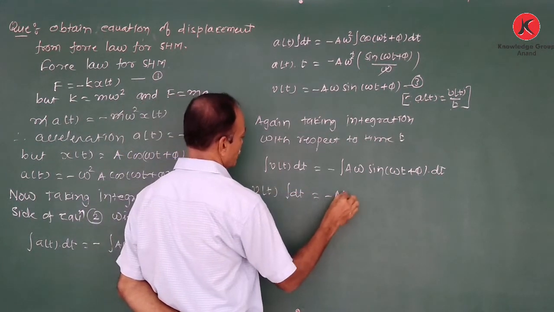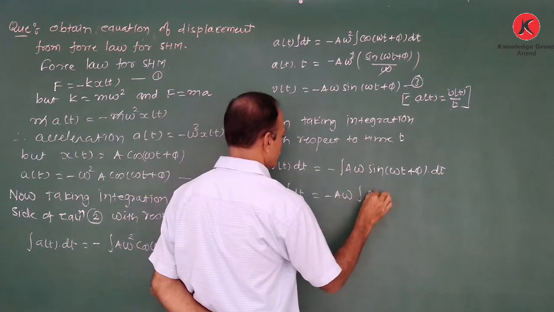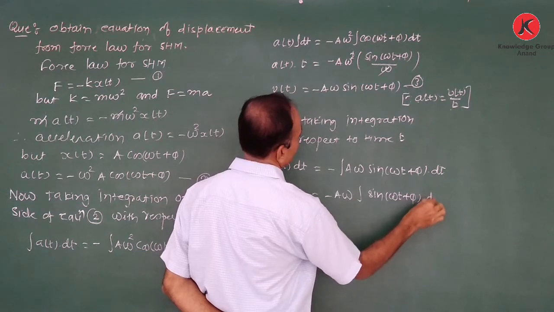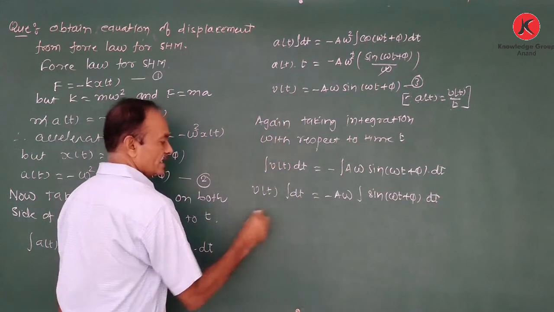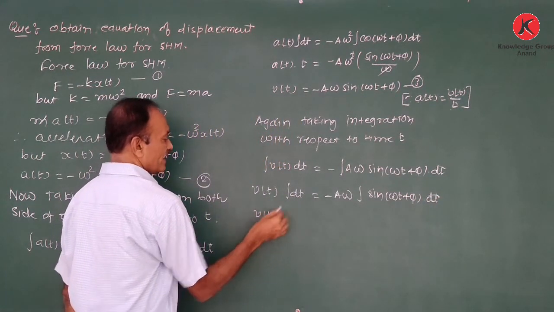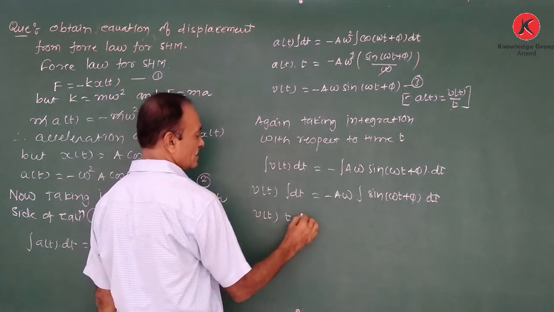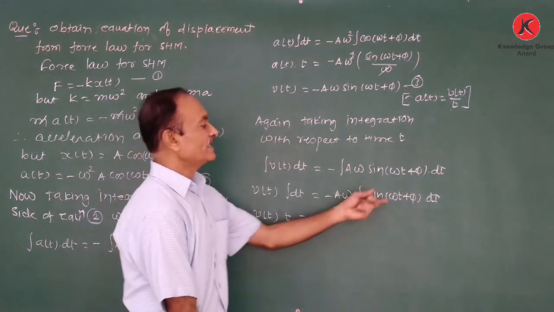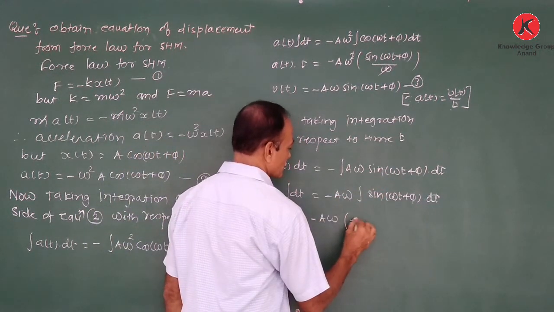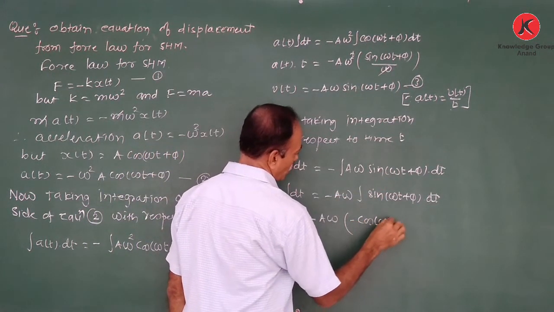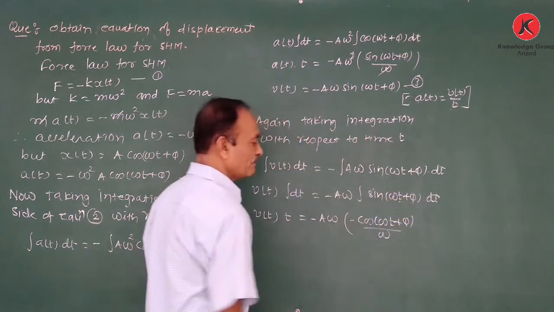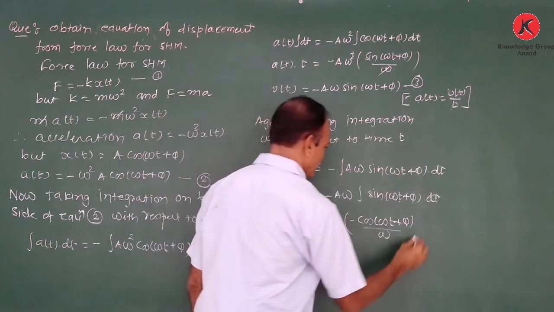Here minus A omega is common, integration of sin(omega t plus phi) dt. Integration of dt is only t, equal to minus A omega as it is, integration of sine, therefore there is a minus cos(omega t plus phi) upon the integration of omega t plus phi, which is 1 upon omega.